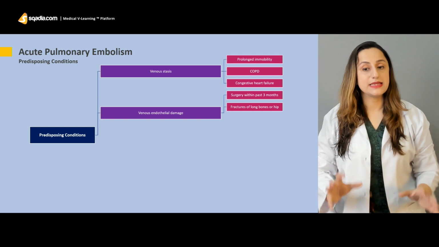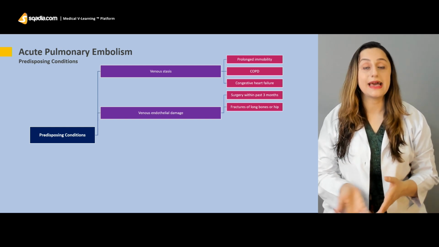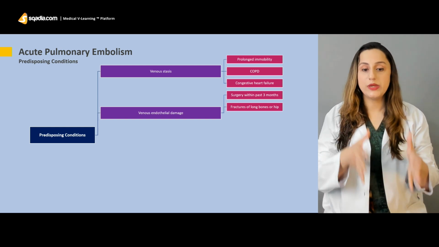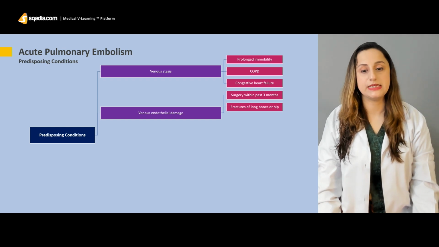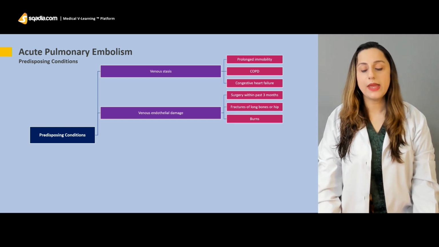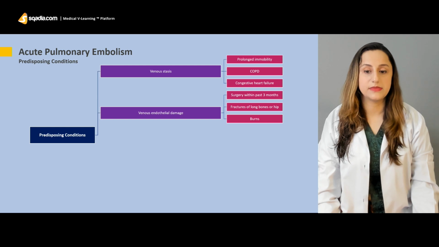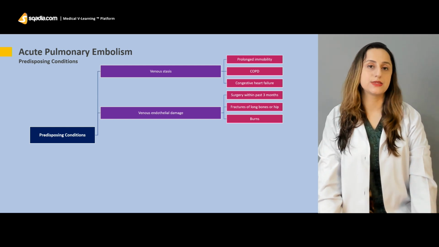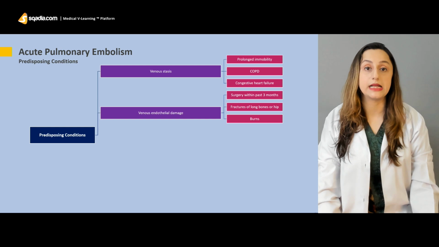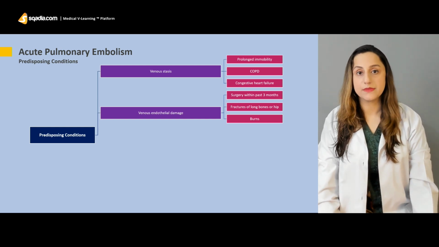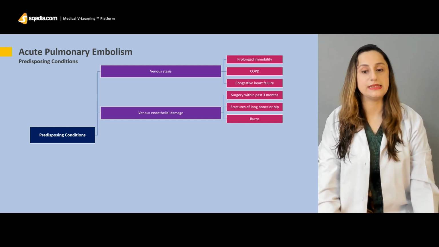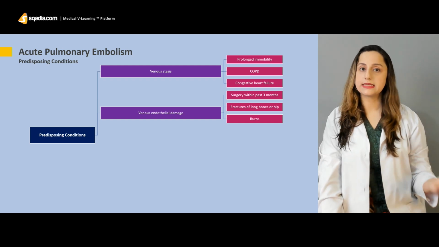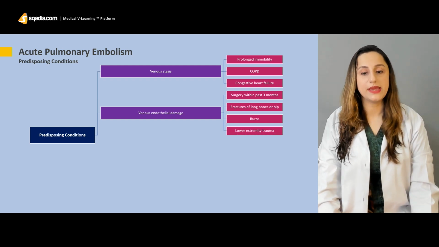So it is basically the combination of venous stasis as well as venous endothelial damage that is occurring for these particular patients. And then we have burns that can basically make the patient immobile as well, and they can also result in the venous endothelial damage in the patients. This is the particular scenario that we are considering. And then we have lower extremity trauma.